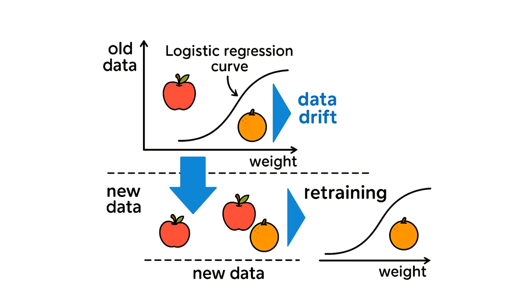It still thinks 180 is an orange because that's what it learned earlier, even though new fruits at 180 are apples now. This mismatch between the model's knowledge and the new data is called data drift. Okay, so that's what we have written here.